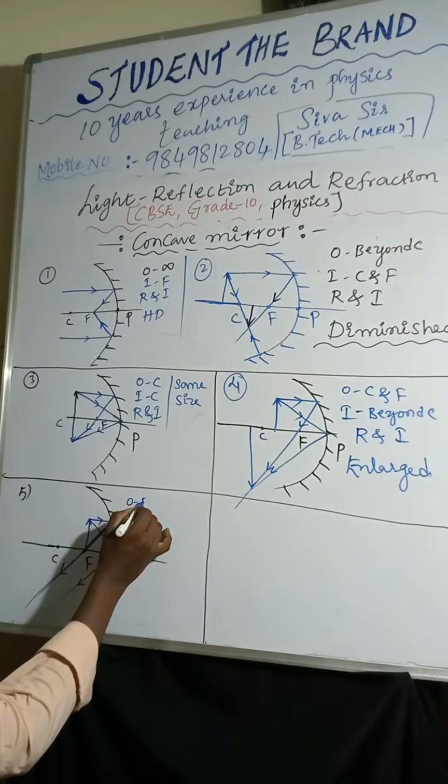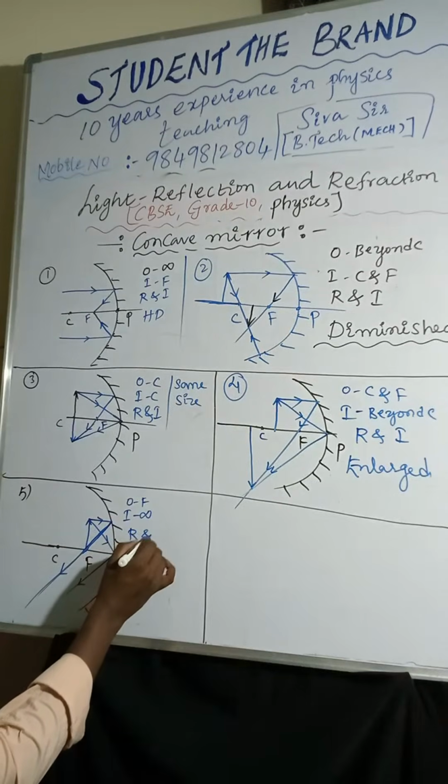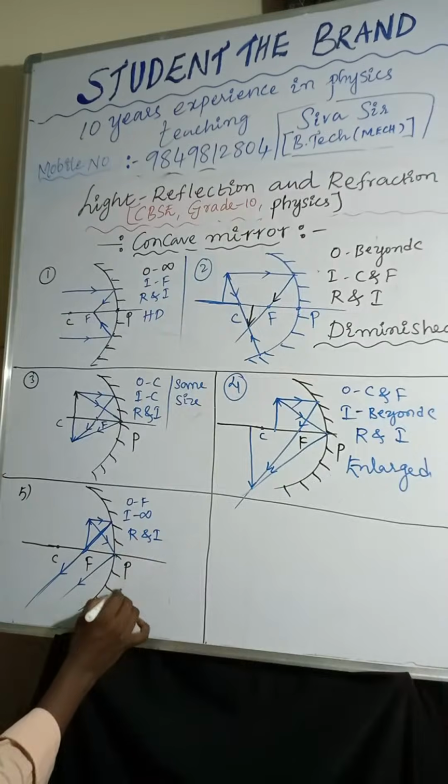Object at F, image will form at infinity. Nature of the image is real and inverted. Size of the image is highly enlarged.